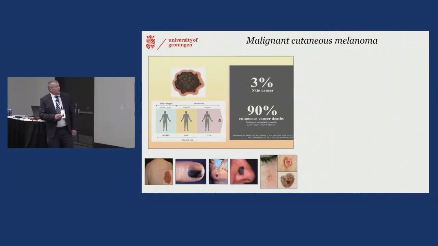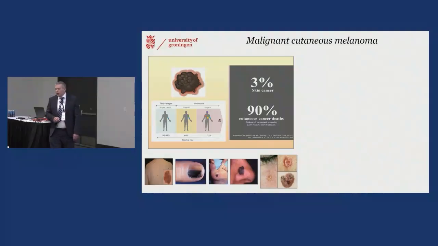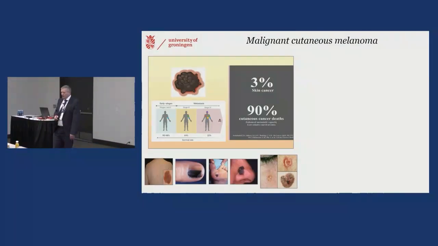So malignant cutaneous melanoma represents only a small fraction of all skin cancer, but it's the most deadly subpopulation because it accounts for 85 to 90% of the deaths related to skin cancer. Here you can see the different stages. If it's detected in the early phase, the success of treatment is 98%.